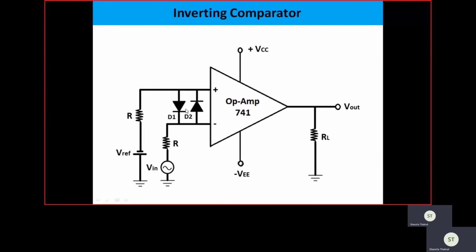So these two diodes are connected for protection, so that if the input differential voltage tries to exceed 0.7 volt, that can be plus 0.7 or minus 0.7, one of the two diodes gets forward biased, and that will protect the circuit from over input voltage.